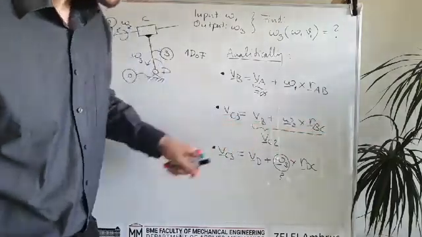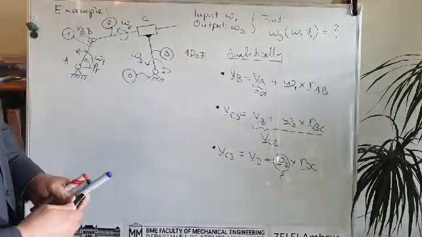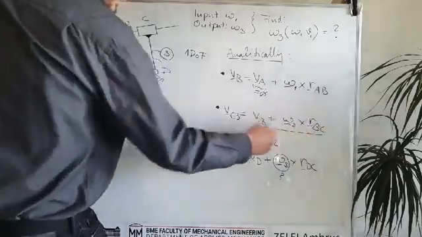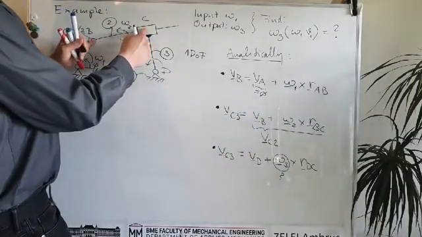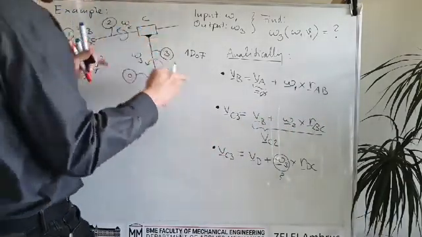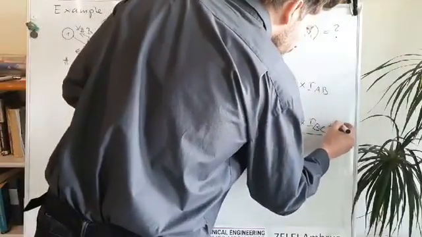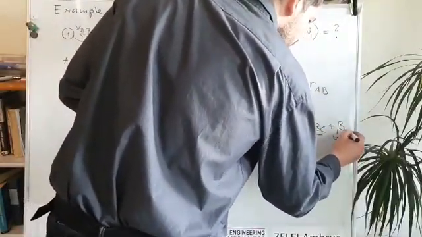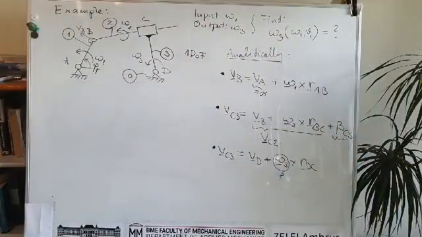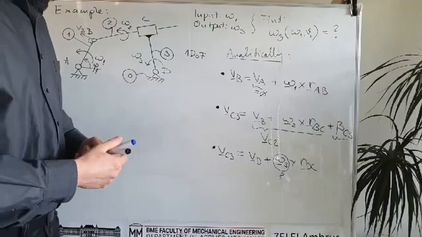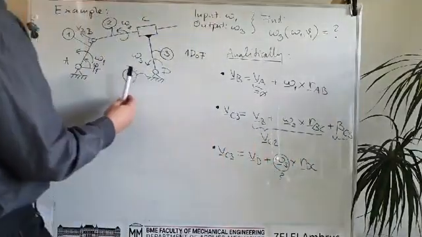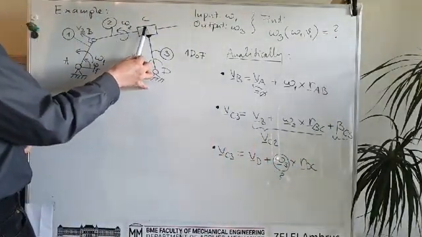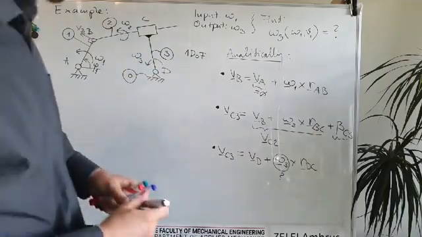But here we already calculated the velocity of point C of rigid body number 2, and then we need an additional term, which is the so-called relative velocity, and we mean that this is the velocity of point C3 relative to rigid body number 2.